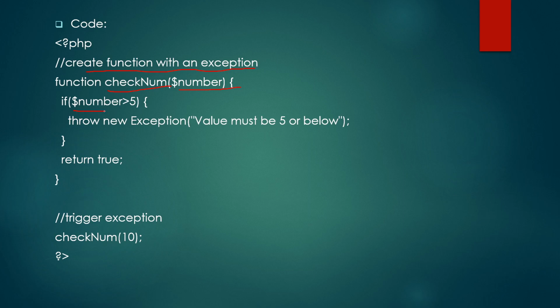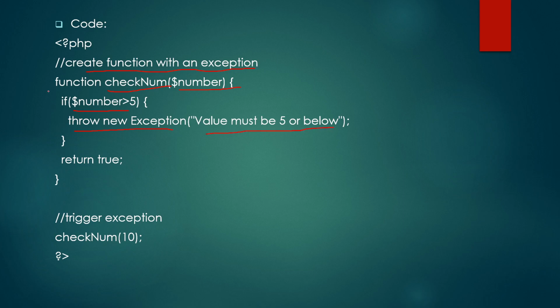If this number is greater than 5, we have to throw an exception, because I want this number to always be less than 5. But it can happen that the user might enter a number greater than 5. So in that case, I will throw an exception that the value must be 5 or below.